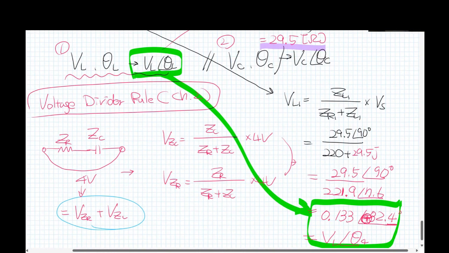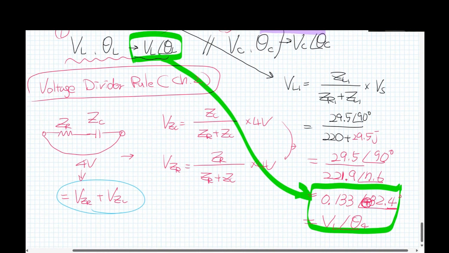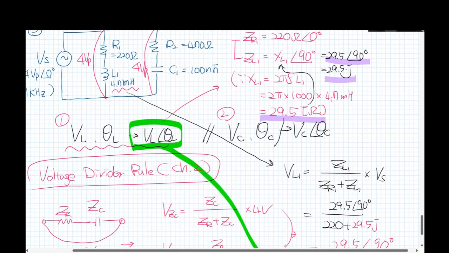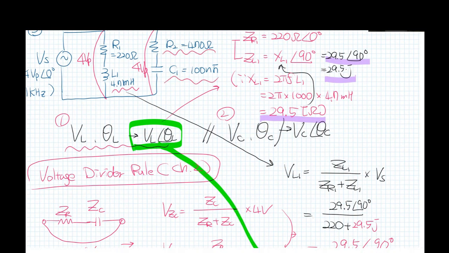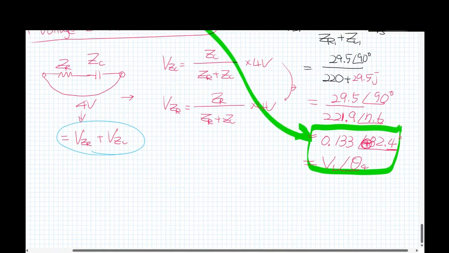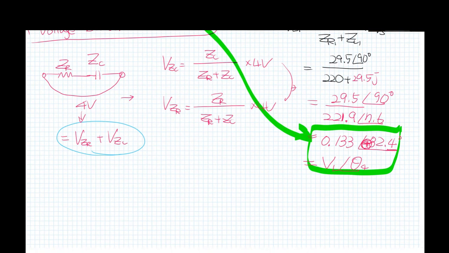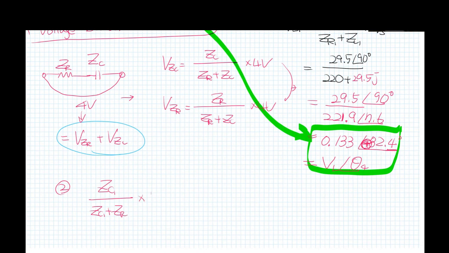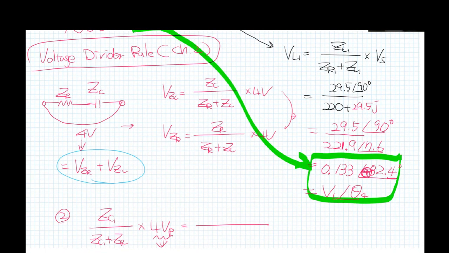Question two. Same approach, but faster. Z sub C1 over Z sub C1 plus Z sub R multiplied by 4 volts peak, because that is V sub S. So Z sub C1 is what?